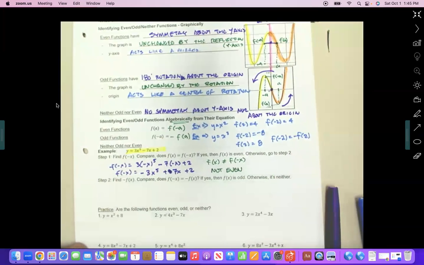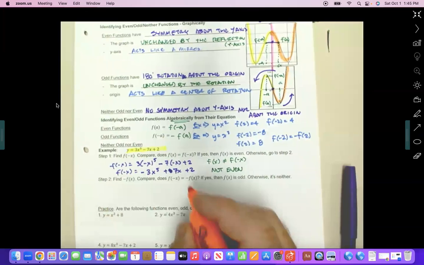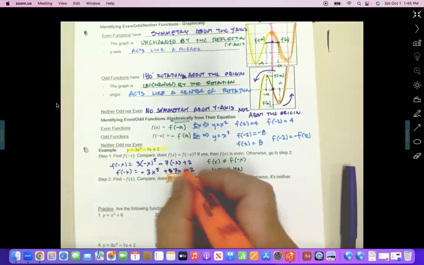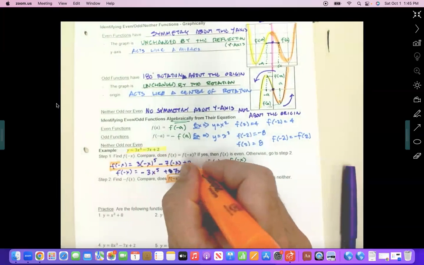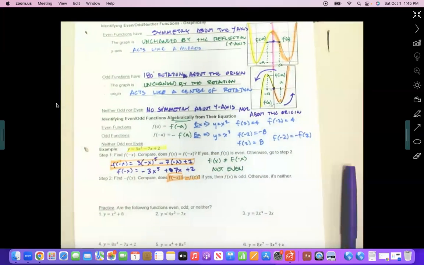Let's do the same thing by comparing the opposite of f of x to what we just did up above here. We just calculated f of negative x. Let's take a look at this function.